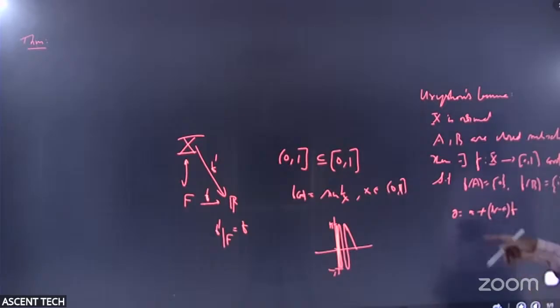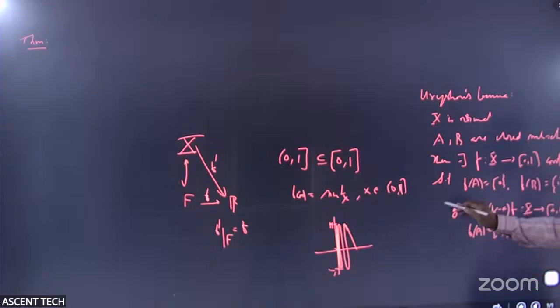So I can have this function from X to [a, b]. At every point in A, the function has the value a, so g(A) will be the singleton a. And for every point x in B, f(x) is 1, so a + (b - a) is b.